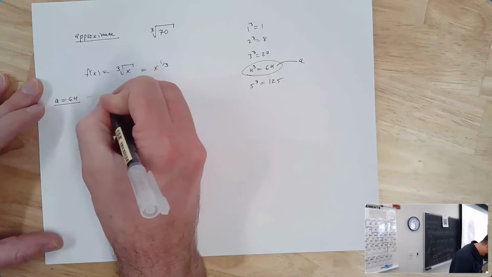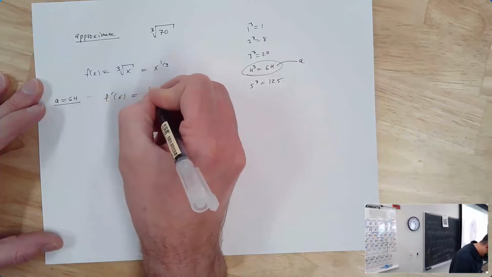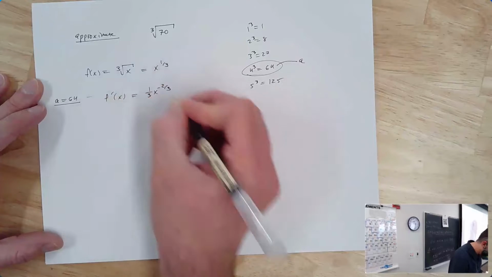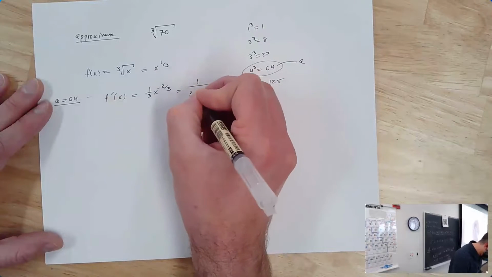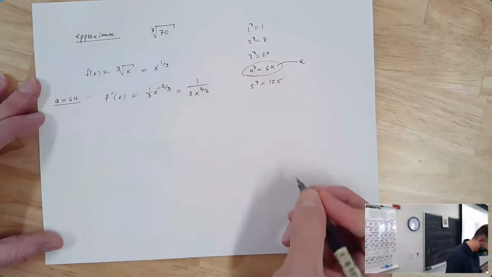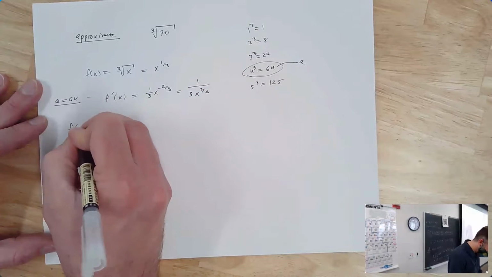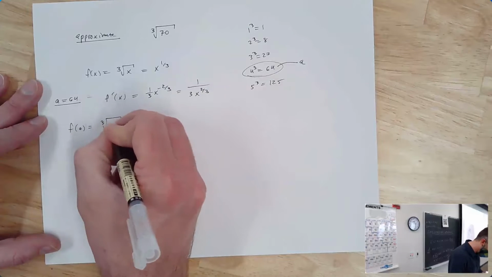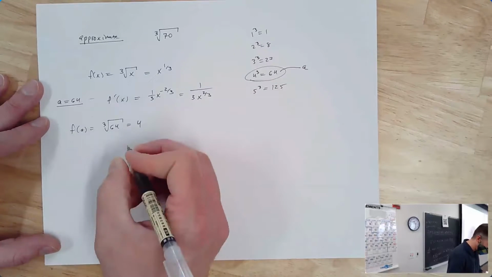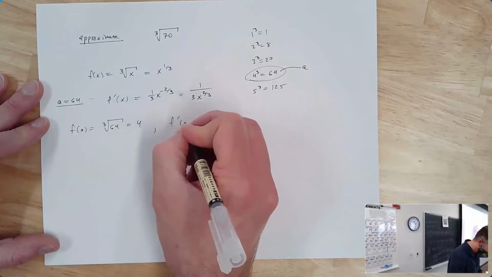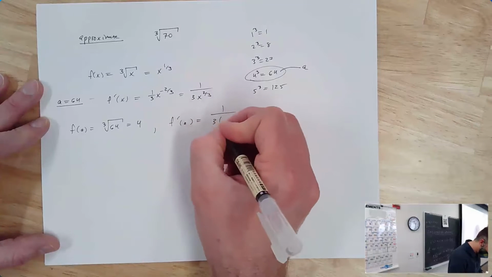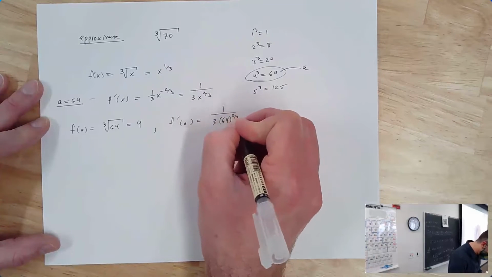My derivative is 1/3 x to the negative 2/3, or 1/3 times 1 over x to the 2/3. And then we're just going to throw everything in. I'm going to find f of a, which is the cube root of 64, which is 4. And f prime of a, which is 1/3 times 64 to the negative 2/3 power.